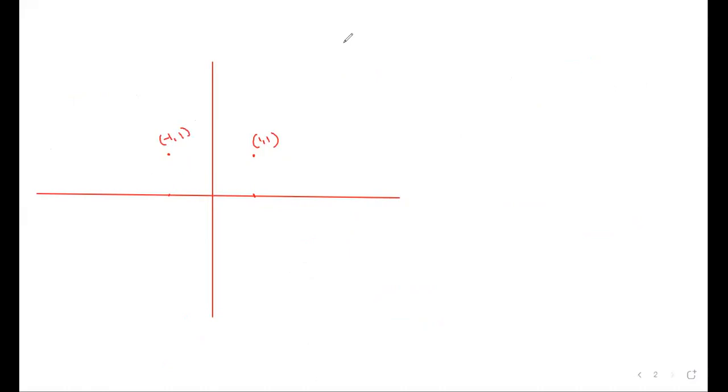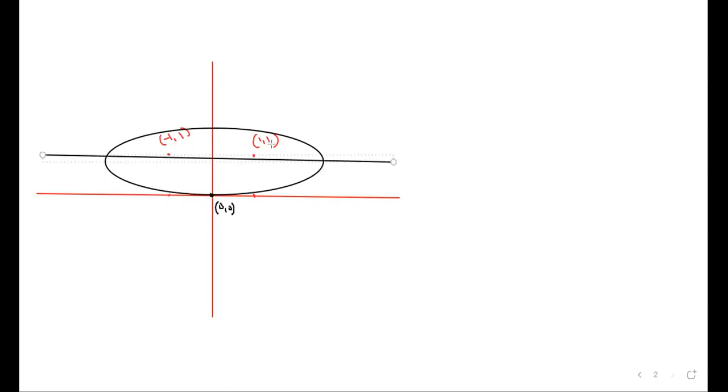Yes, sir. So we can assume, is it right? Yes, sir. We can assume this as the ellipse, because the ellipse is passing through the origin. So the axis of symmetry will be this now.